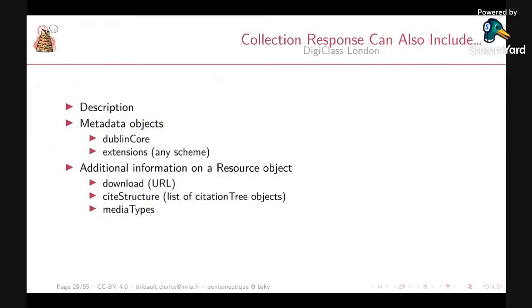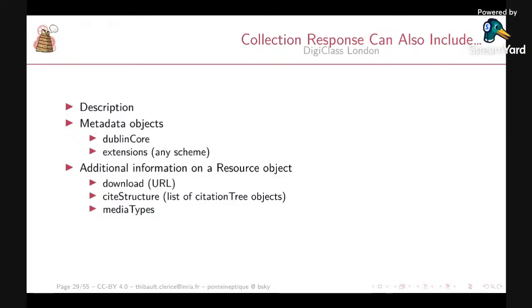But of course, because we're in the world of humanities and libraries and GLAMs in general, you can put much more into the description of your collection or your resource. You can have a free text description, which is always kind of nice to have, but you can also have Dublin Core terms, definition of your document, and you can also use any other namespace that you want.